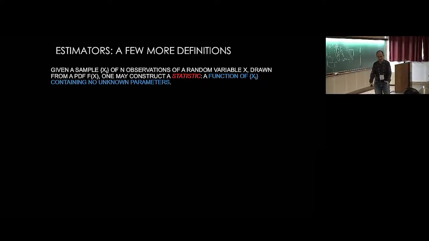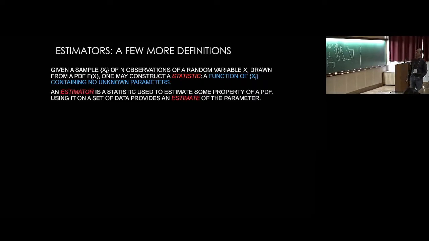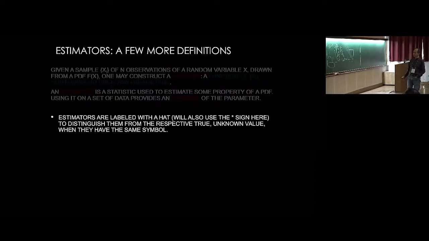So once I have the data, I can construct the statistic; it is a function of the data that I can compute straight away. This is the definition of a statistic. And then an estimator is a statistic which is used to estimate some property of a PDF, some parameter of a PDF, and when you use it on a set of data, it provides the estimate. We said that already. And we said also that estimators are labeled with a hat, but sometimes I am lazy, so I will use this sign.